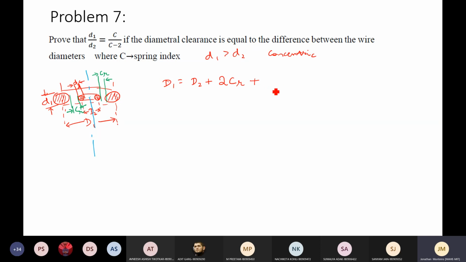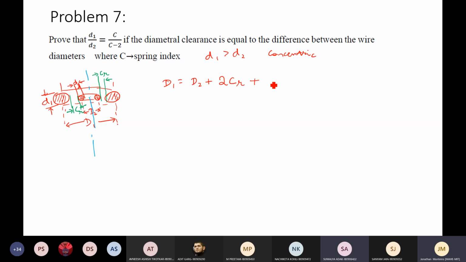What quantities do I need to add here? Complete this: D2 plus 2 times CR plus something. Look at the figure. This is D1 all around, this is D2 all around. Coil diameter D2 and coil diameter D1. I am describing the coil diameter. Coil diameter D1 from here to here can be written as D2, this distance is covered, plus 2 times CR, plus something I have to add now to complete this.